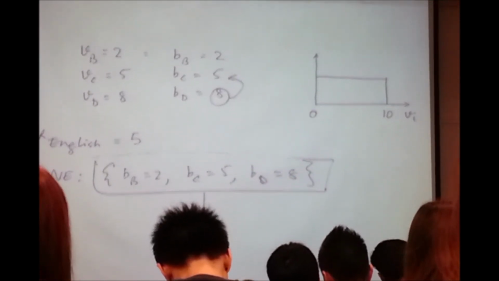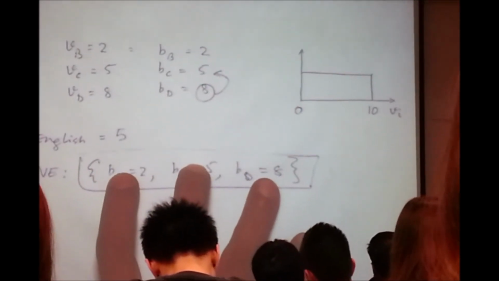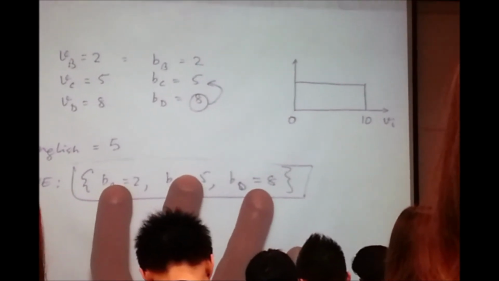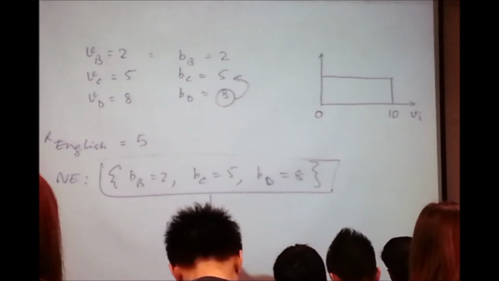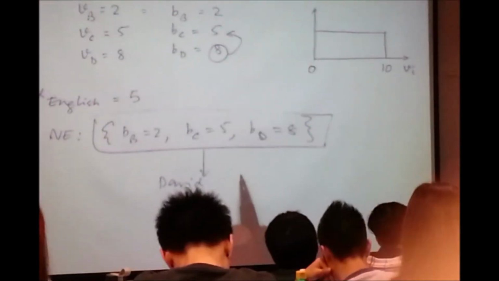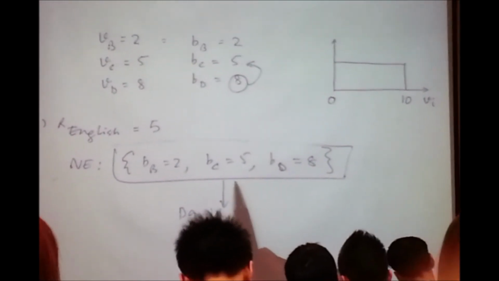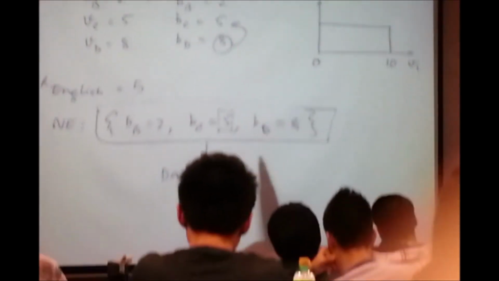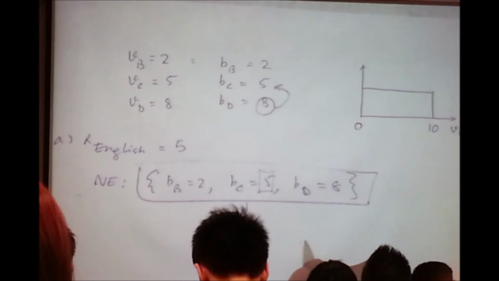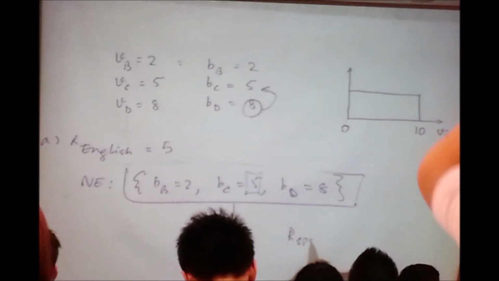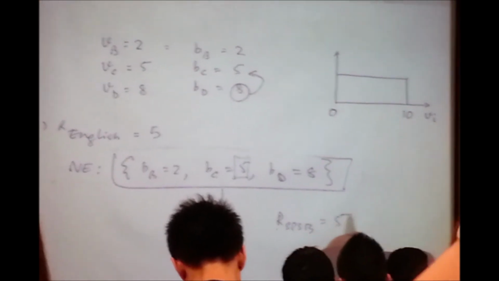What will happen when bidders are using their equilibrium strategy? David will win. By the rules of the second price auction, he pays a price equal to the second highest bid, which is 5. David will win. The price that will be realized will be 5. The revenue that will be realized in the second price auction will be low.